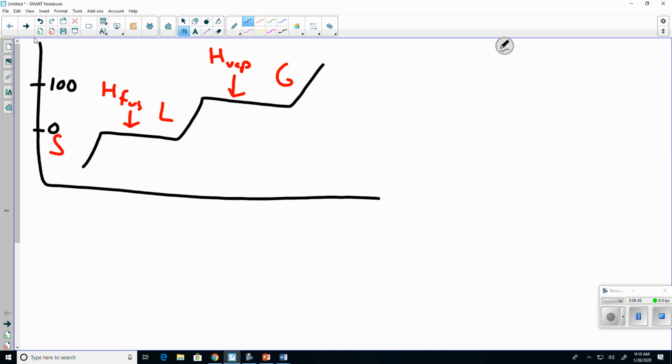So, step number 1 is I would label on my graph, where am I starting temperature-wise? Where am I ending temperature-wise? And on the question on the front side, it says you're starting at negative 10 degrees Celsius. And the question at the end says you're ending at 110.